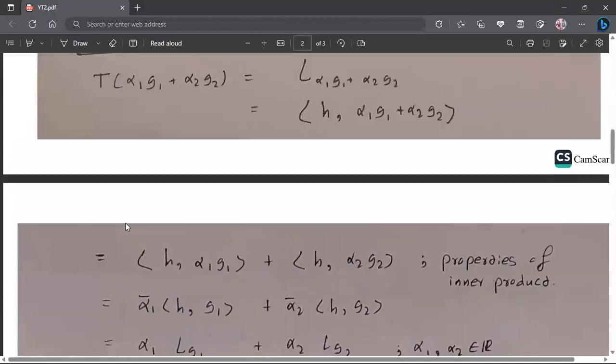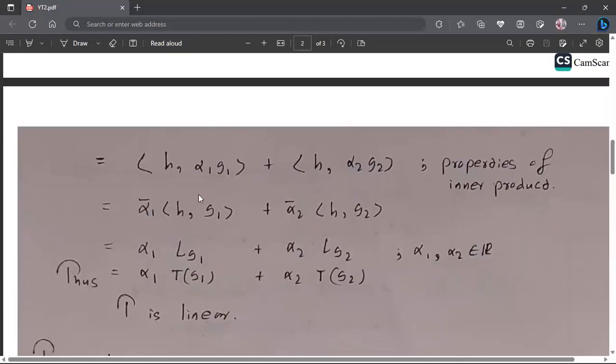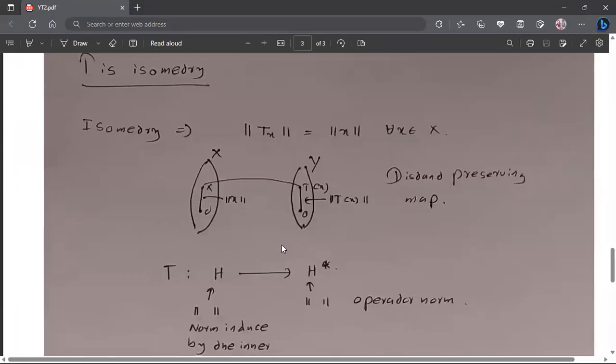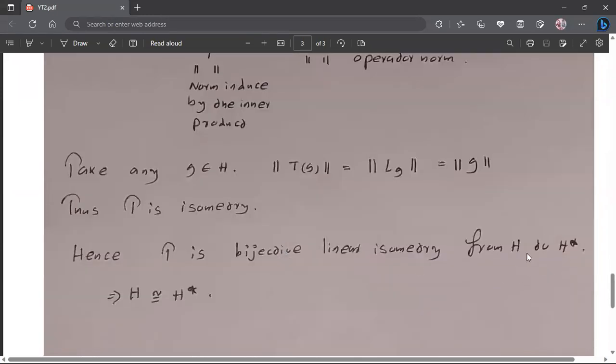Therefore this function is conjugate linear, not linear. So the linearity fails, therefore we can't find such a map if the underlying scalar field is complex numbers. So the important part is H and H star are isometrically isomorphic if the underlying scalar field is the real numbers.